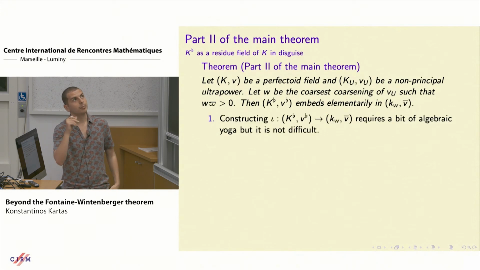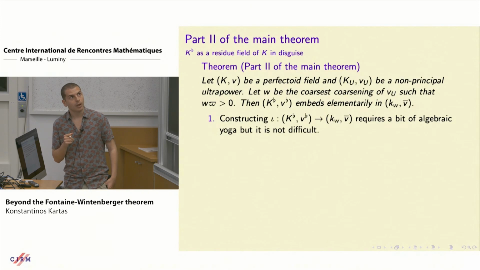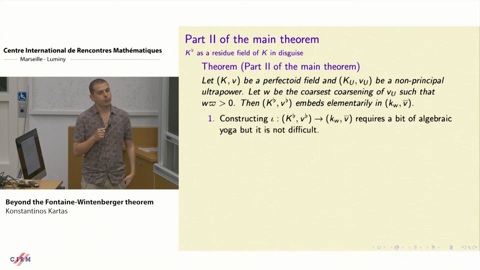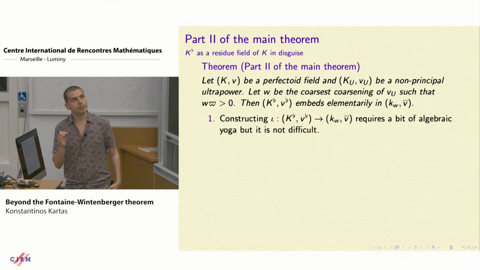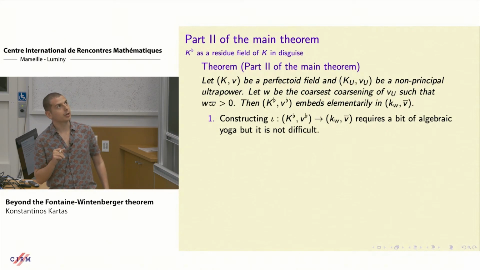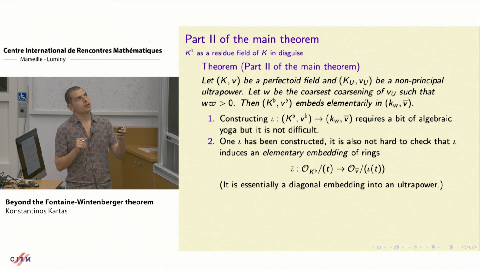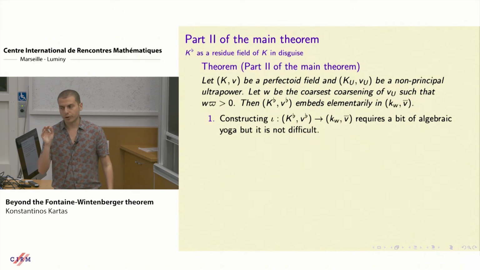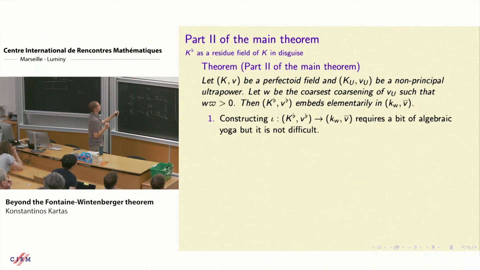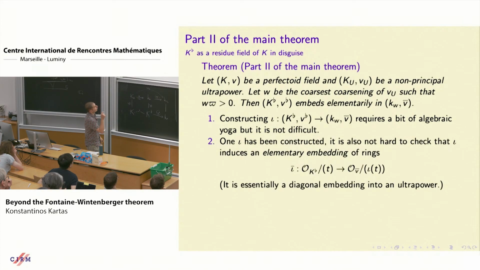I don't think I will be able to describe it; it's not really interesting. It requires a bit of algebra, and I don't want to present it right now. What I will say is that it's actually very natural, and it's also quite easy to check that once you have this embedding, it induces an elementary embedding at the level of truncated valuation rings.